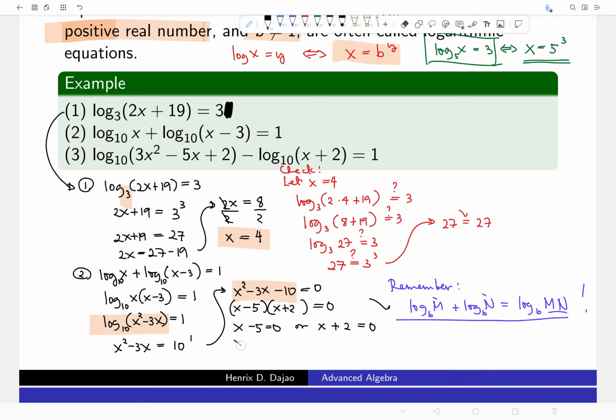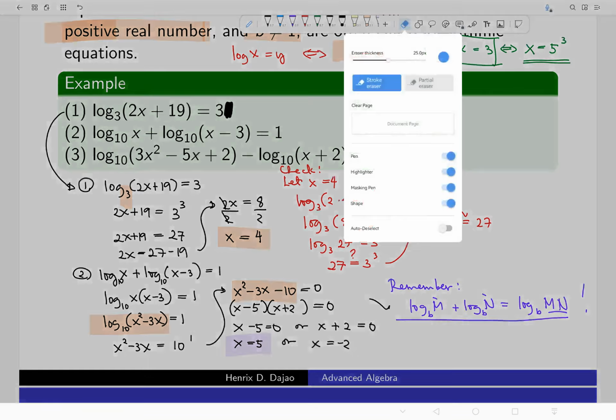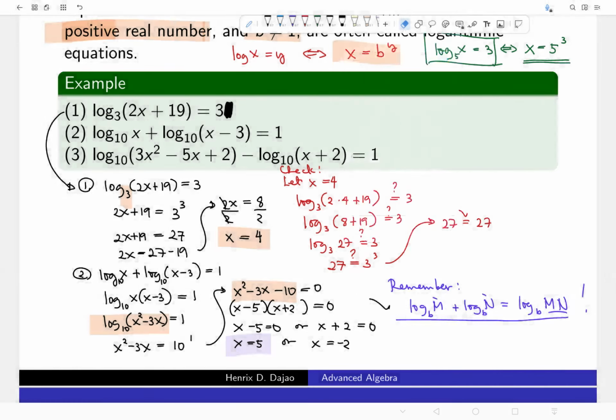So we solve individually. That's x equals 5 or x equals negative 2. So we have two values now for our x: x is 5, and x equals negative 2.